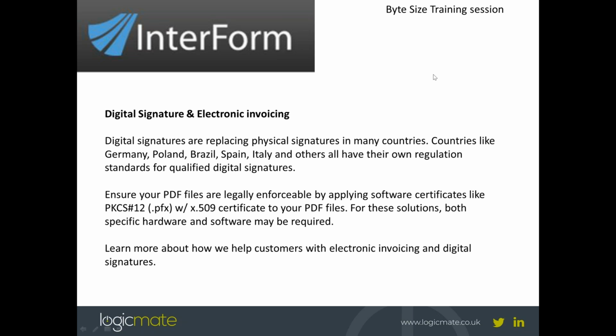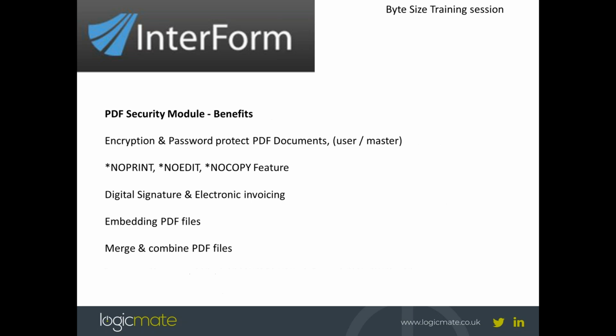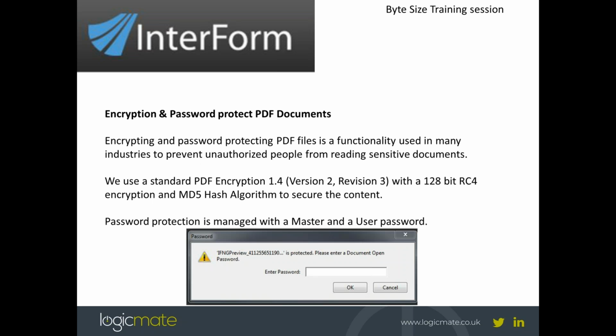I'm just going to backtrack and show you the screens that we talked about. So basically, these are the main features: the encryption and password, the no copy, no edit, digital signature, embedded PDF files, and merge. And this is the dialog box that pops up when you've got a password protection, and these are the encryption values.